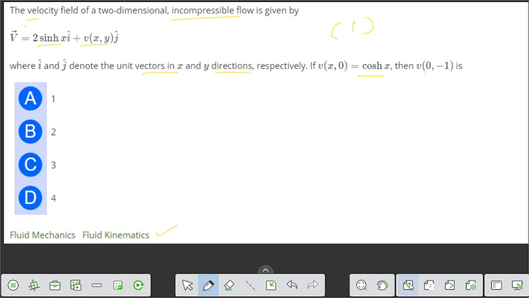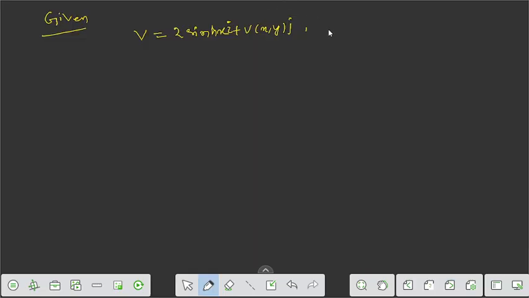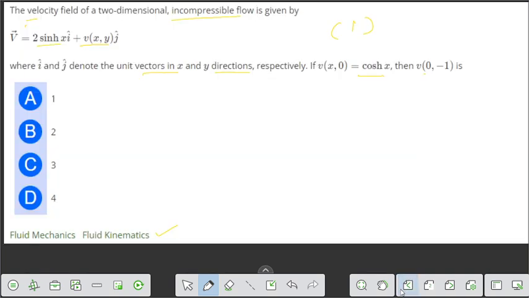This is a two-dimensional incompressible flow, and given v(x,0) is equal to cosh x.